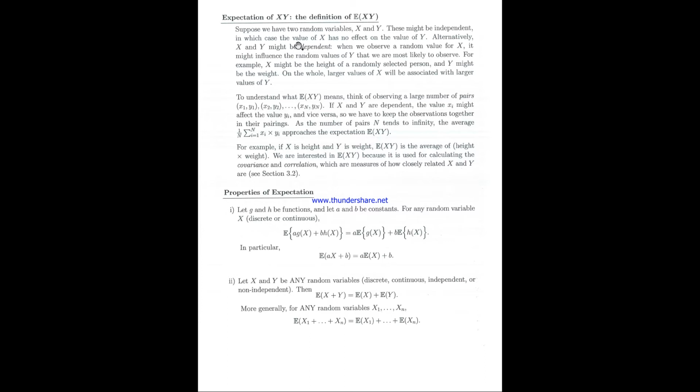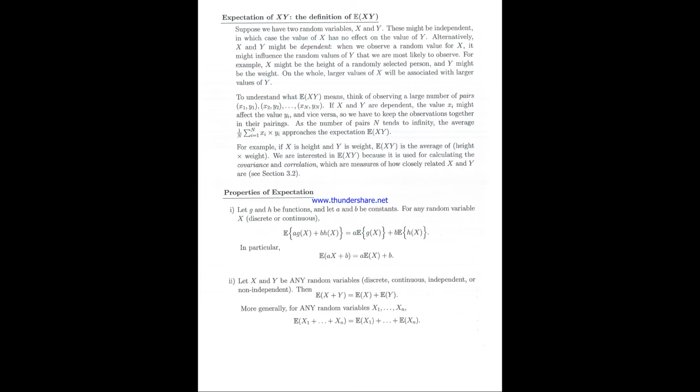So why are we concerned about the expectation of XY? Let's say you have two random variables, capital X and Y. Sometimes these two random variables can be independent, that is, the value of x has no effect on the value of y.